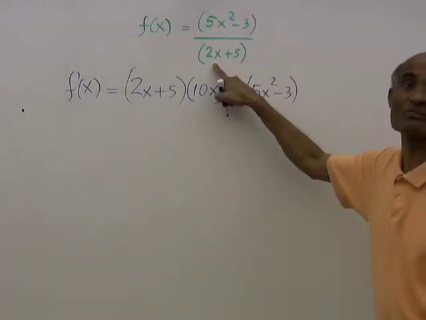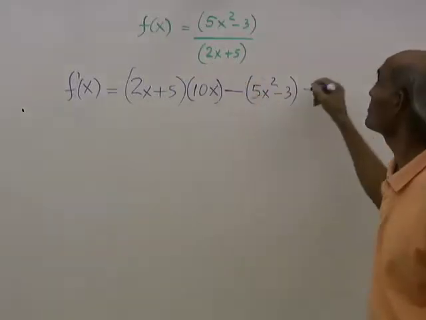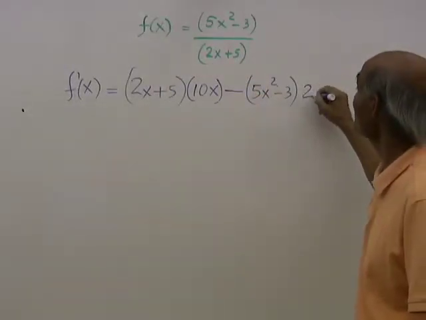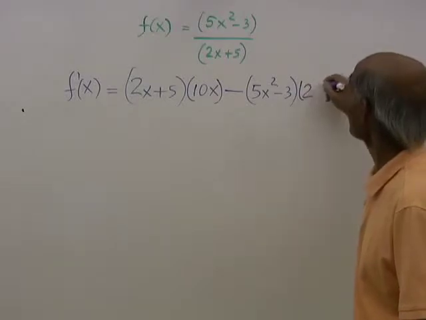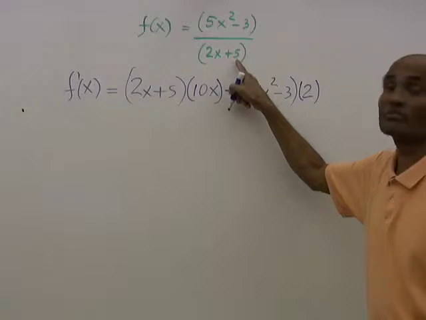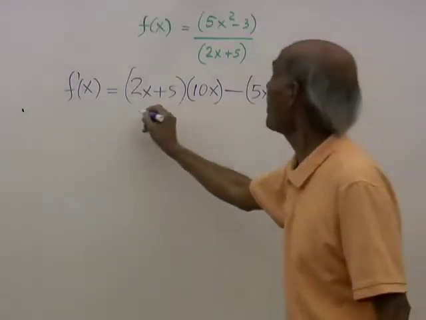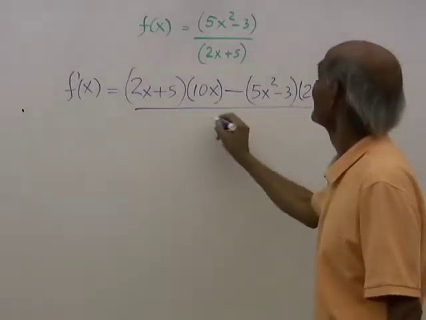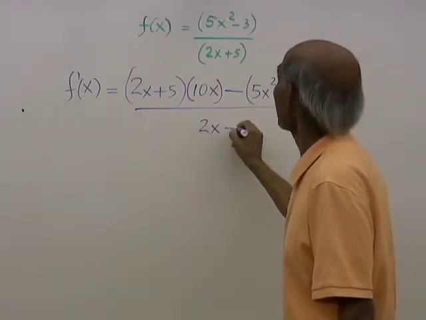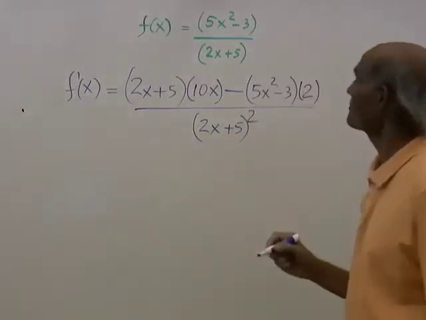What is the derivative of 2x plus 5? The derivative of 2x with respect to x is 2, and the derivative of 5 is 0. So the derivative of 2x plus 5 with respect to x is 2, all over the square of the denominator, 2x plus 5 all squared.